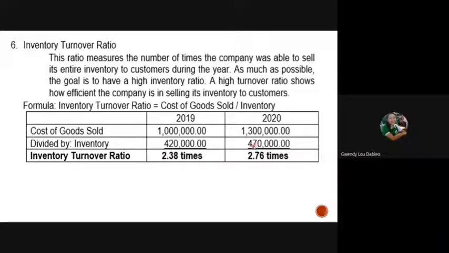For 2020, the cost of goods sold is 1,300,000, inventory is 470,000. So the inventory turnover ratio is 2.76 times. So which is higher? Okay, the number of times nga mahalin ang imuhang inventory for the year 2020. Kanilang gid siya. So, mas slightly better ang 2020, 2.76 times.